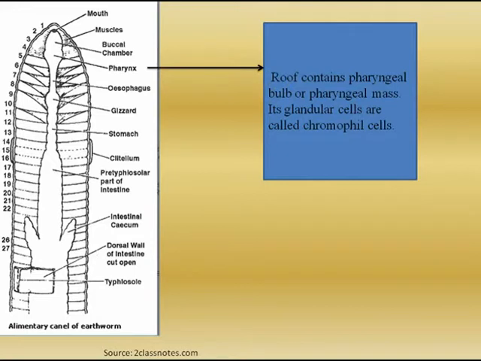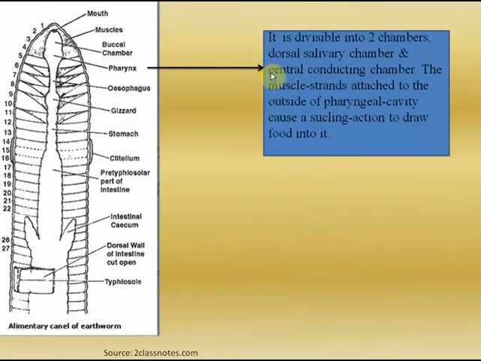It is a pear-shaped muscular structure and lies in third and fourth segment. The roof contains pharyngeal bulb or pharyngeal mass, and its glandular cells are called chromophil cells. Pharynx is internally divisible into two chambers: dorsal salivary chamber for partial digestion of food and ventral conducting chamber.